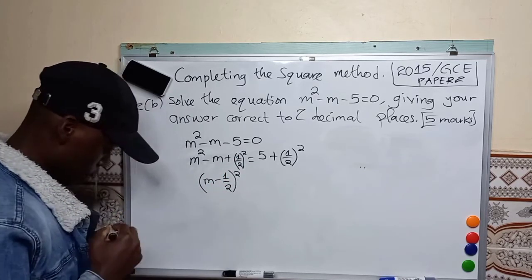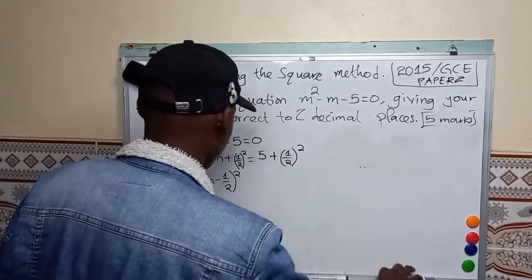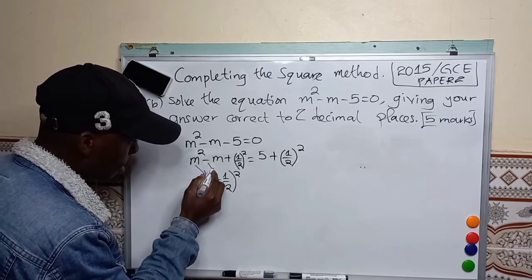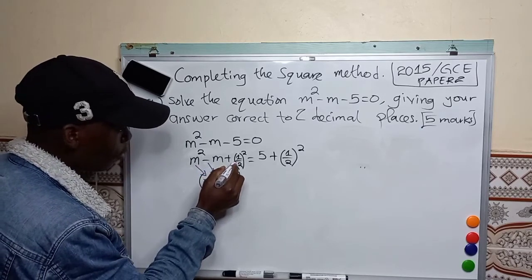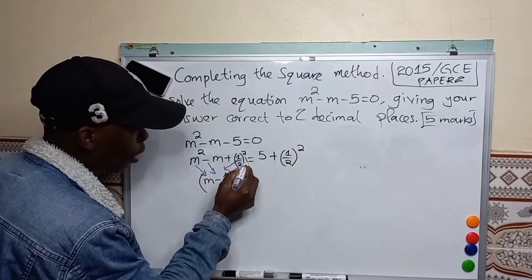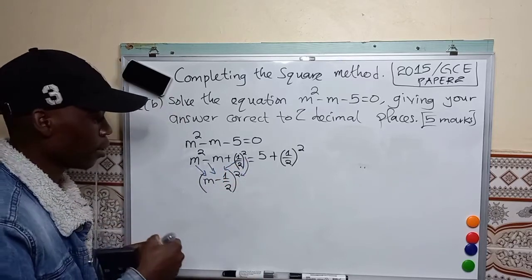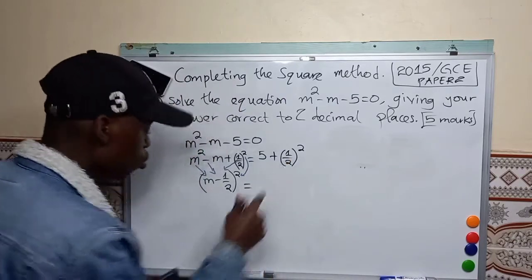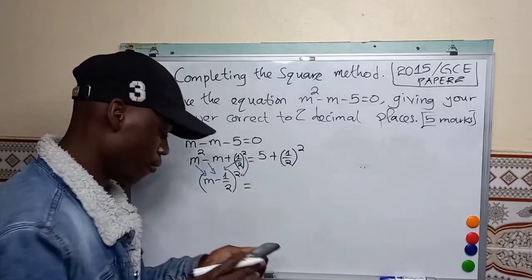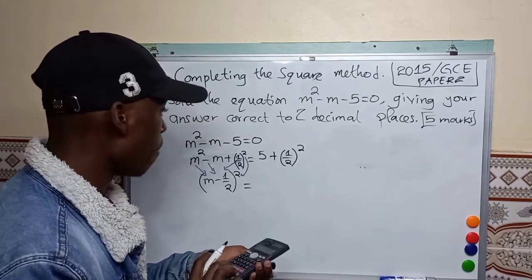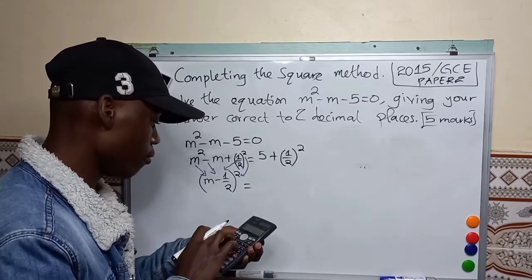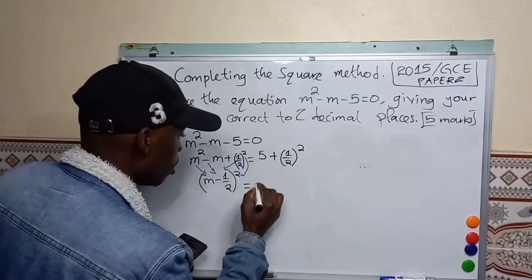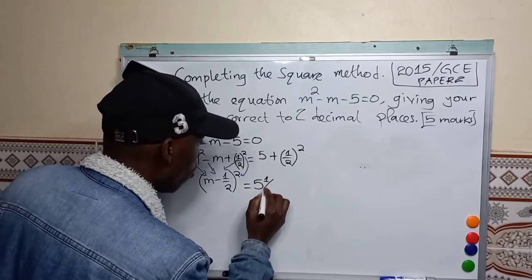So this m is this m here, this minus sign is this one, and this 1 over 2 is this one in the brackets. Then our square is coming down here. Then you equate it to our values here, which is 5 plus 1 divided by 2 squared, which is 5 and 1 over 4.